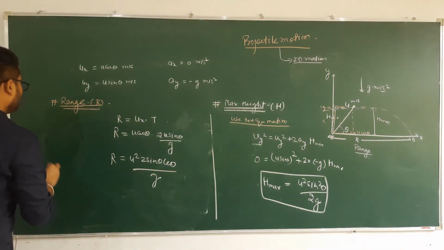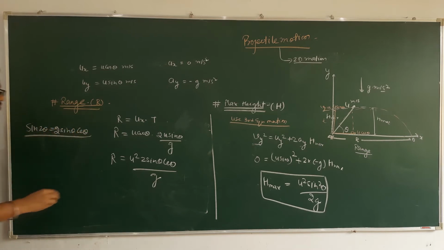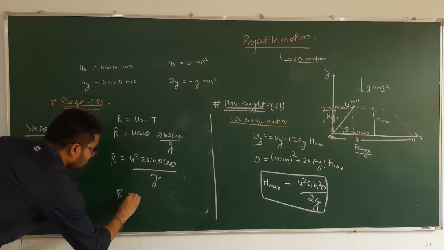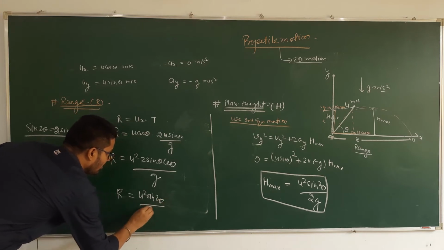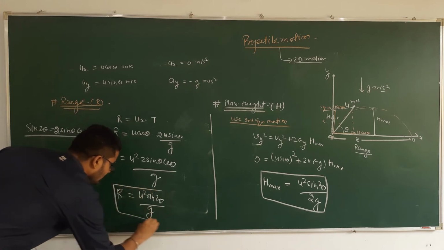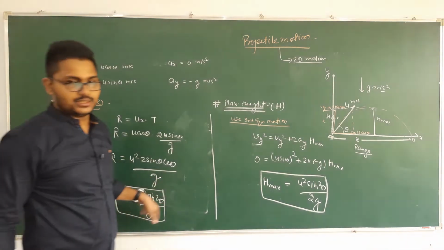We know that sin 2 theta equals 2 sin theta cos theta, so r is equal to u square sin 2 theta upon g. This way we calculate the range.